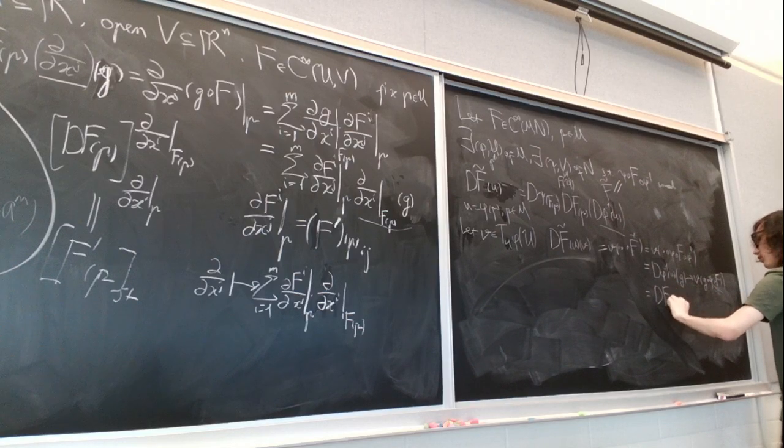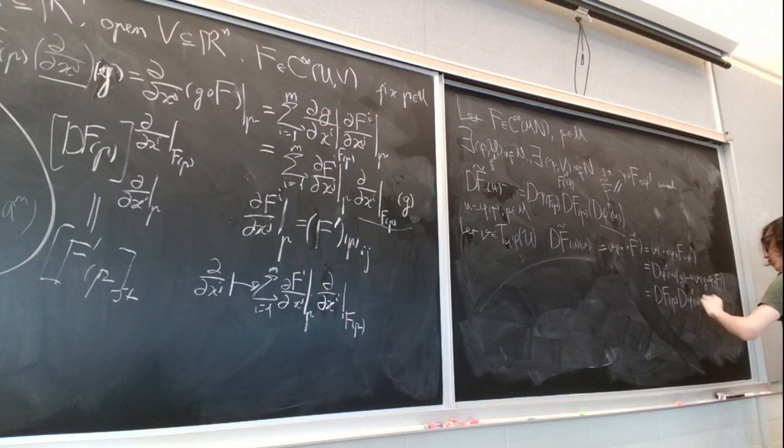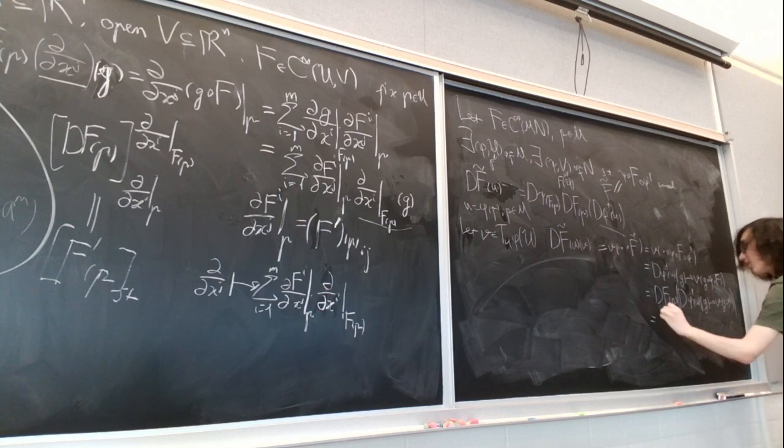And then we can keep decomposing. D f at p, d phi inverse at u of the function taking g to v of g of psi. The reason I don't want to write g here is that these g's are all defined on different domains, so that's why it's a little tricky.